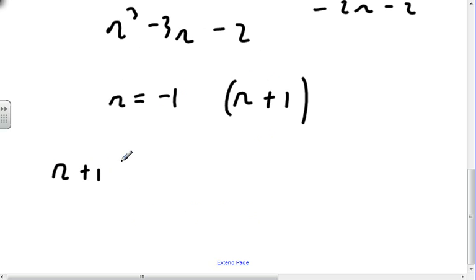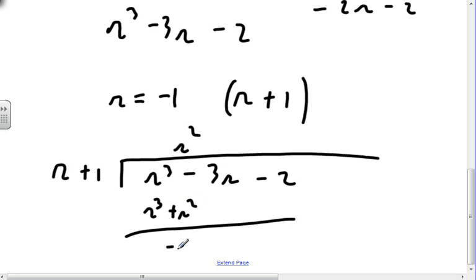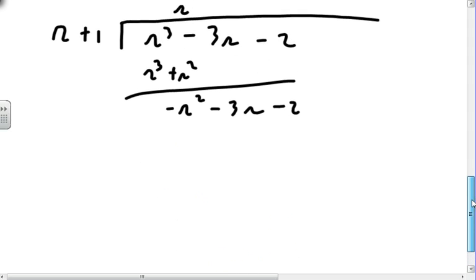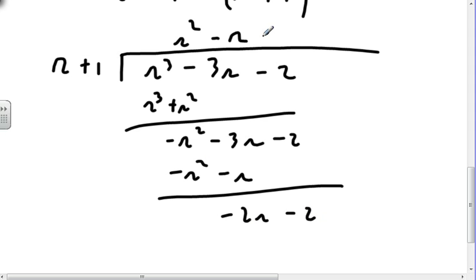So r plus 1 going into r cubed minus 3r minus 2: r squared, r cubed plus r squared, minus r squared minus 3r minus 2, minus r squared minus r, minus 2r minus 2, minus 2, and I see that r minus 2, r plus 1 are my factors.